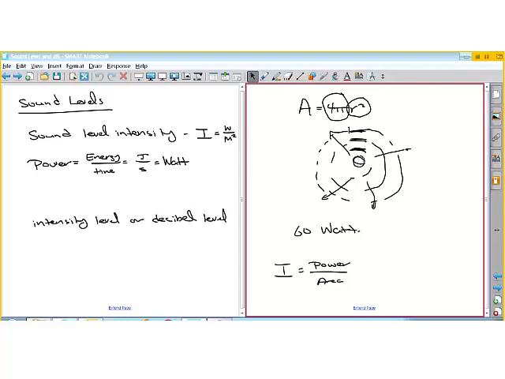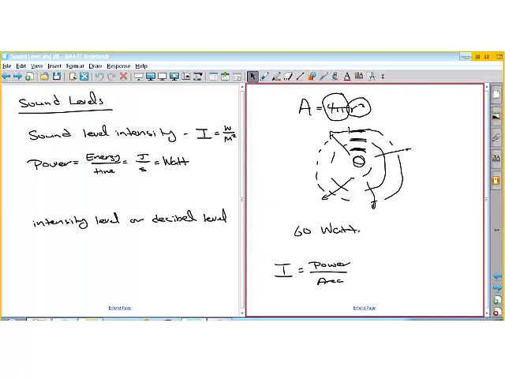Well, the energy that's transmitted here in watts goes out, and as it goes out away from this source, its sound intensity gets less because the amount of energy per unit area decreases. The further you are away, the larger the area is, and the less the sound appears to a person.